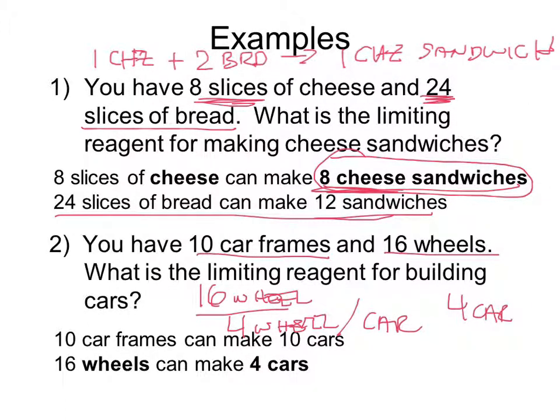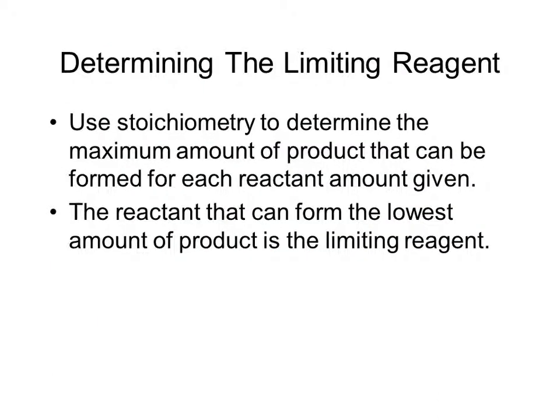We have 10 car frames, and you only need 1 frame per car, but I can only make 4 cars because I only have enough wheels to make 4 cars. So those are 2 examples of what I mean by a limiting reagent in the case of a non-chemistry equation. Now, based on a chemical reaction, how do we determine the limiting reagent?